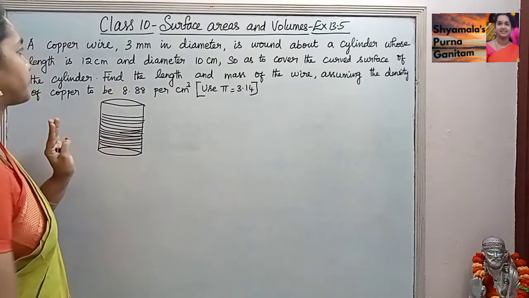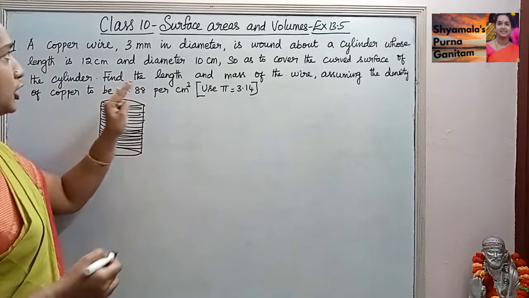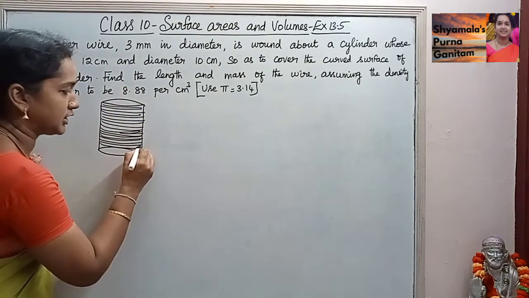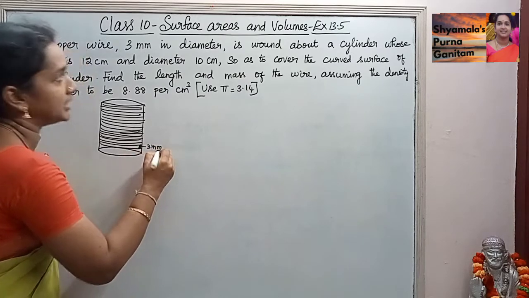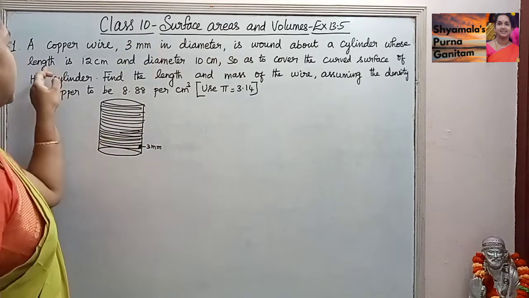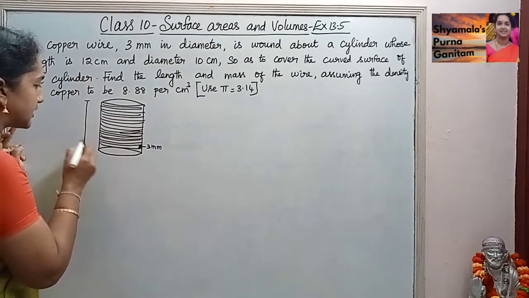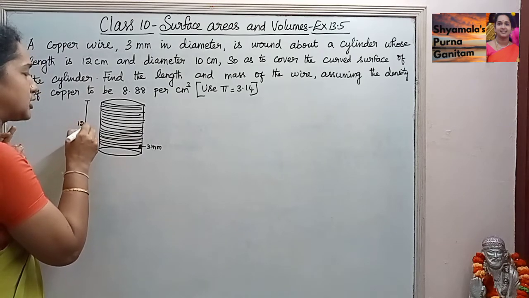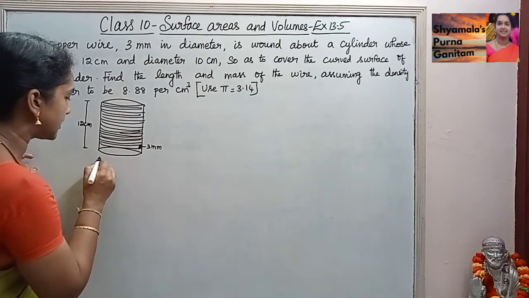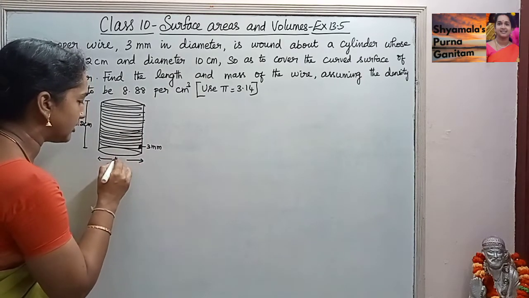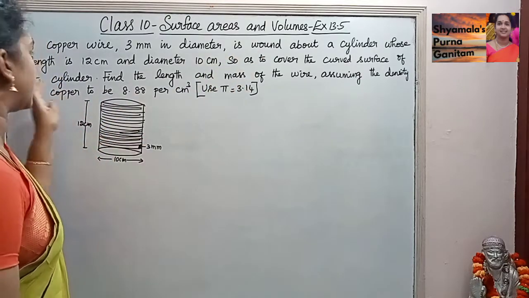The information given is that the diameter of this copper wire is 3 millimeter, the length of the cylinder is 12 centimeter, and the diameter of the cylinder is 10 centimeter, so as to cover the curved surface of the cylinder.